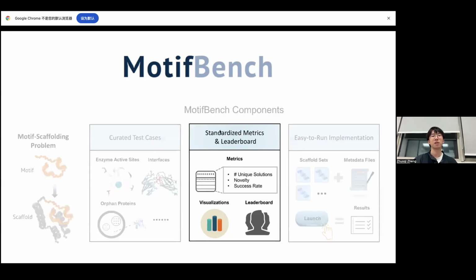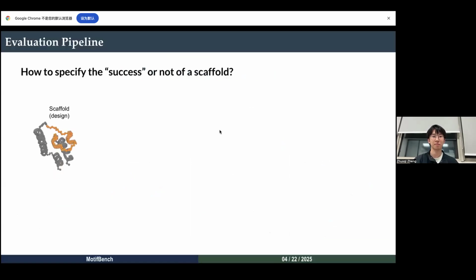Let's first take a look at the evaluation pipeline. The first question is, how do we really specify whether a scaffold is a success or not? Suppose we now have a designed scaffold, where the orange part is the motif and the gray part is the rest of the scaffold.